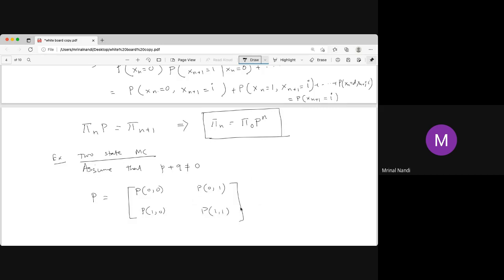What is the probability 0 to 0? From 0 to 0, it is 1 minus p. From 0 to 1, it is p. From 1 to 0, it is q. From 1 to 1, it is 1 minus q.